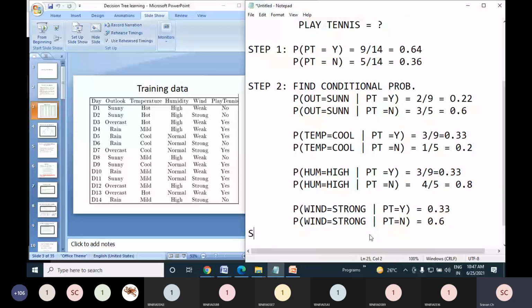Now we are done with the conditional probabilities. Now we will continue. So what is step 3?